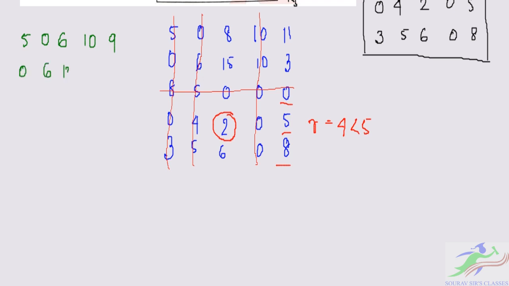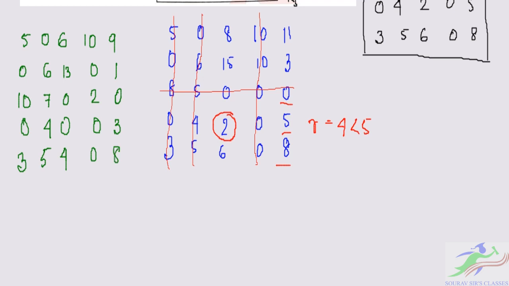Then we have 0 and 1, since 3 minus 2 is 1. Similarly we have 10, 0, 7, 0, 2, 0. In the next row it will be 0, 4, 0, 3. And the fifth will be 3, 5, 6 minus 2 is 4, 0, 8.